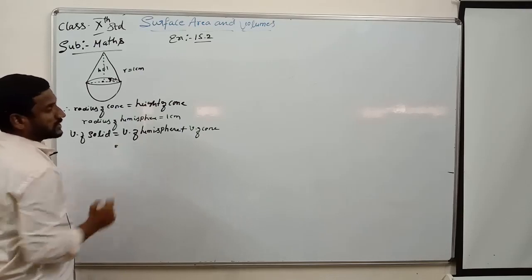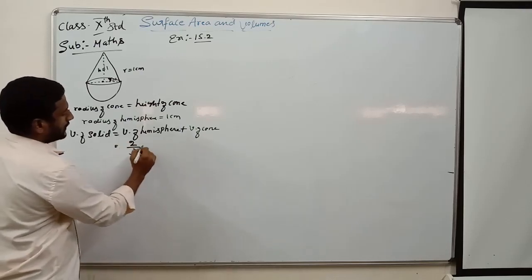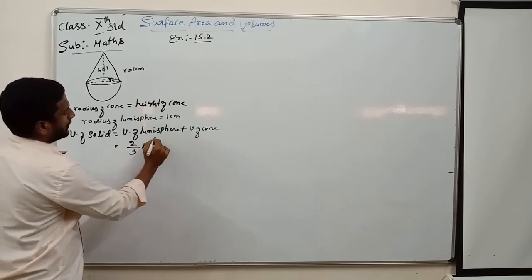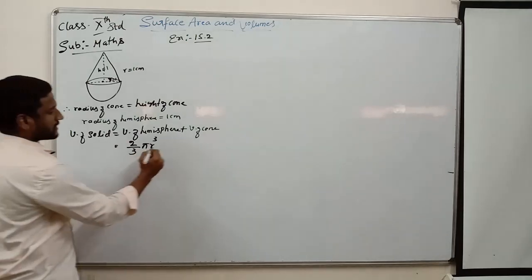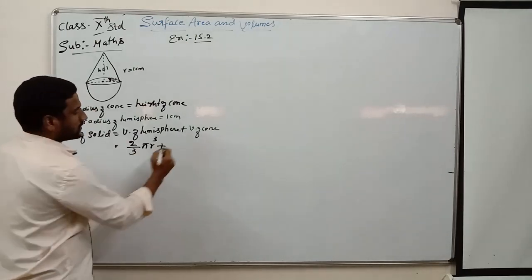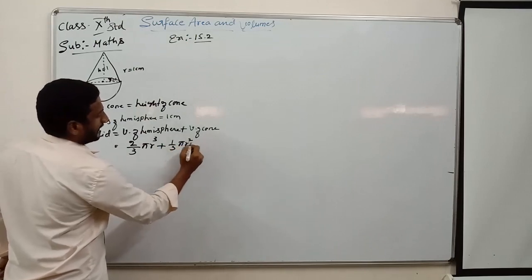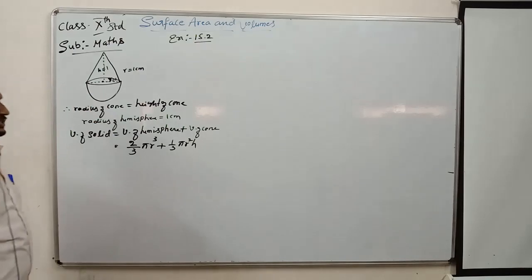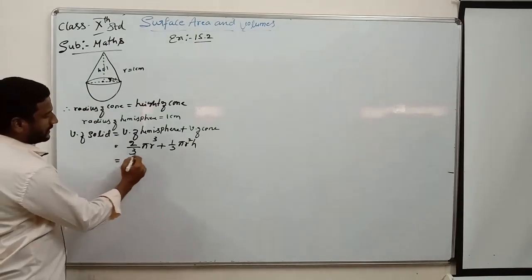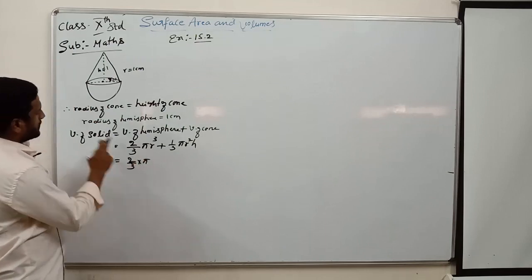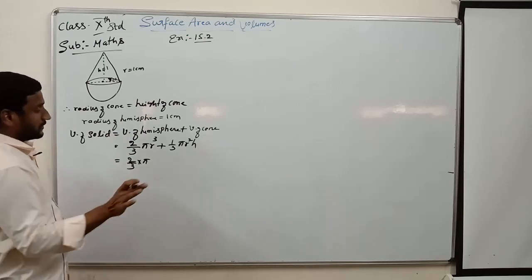Volume of hemisphere is 2 by 3 pi r cube, plus volume of cone is 1 by 3 pi r square h. Here 2 by 3 stays as it is, and pi also stays as it is, because the answer is asked in terms of pi, so don't substitute the pi value.